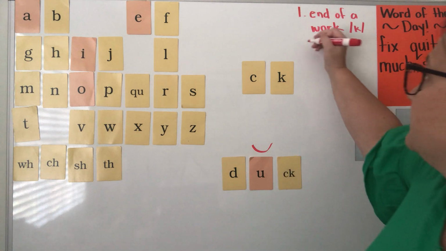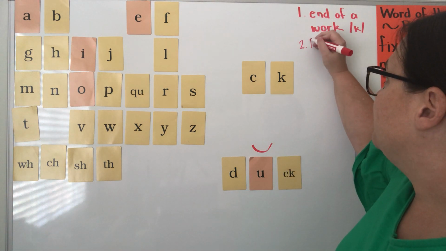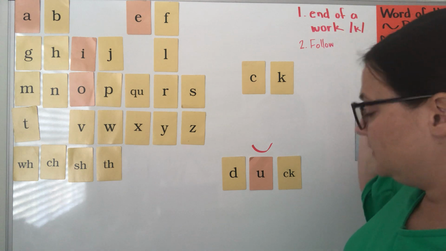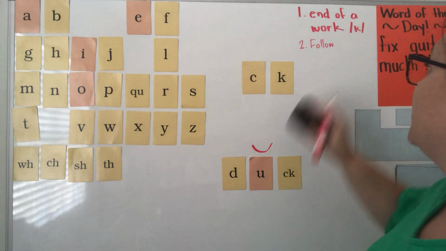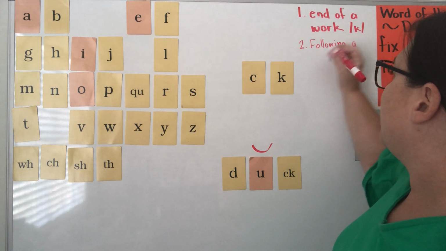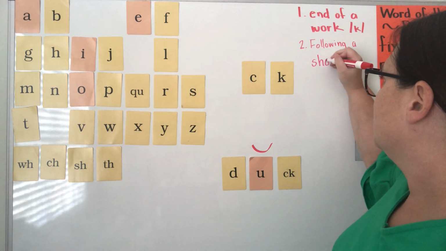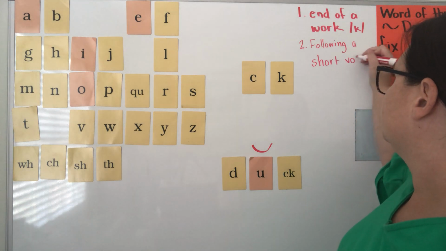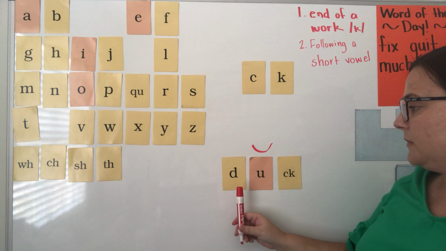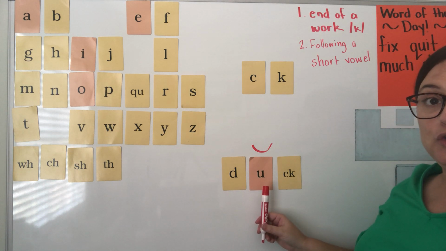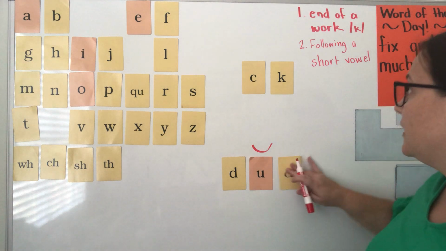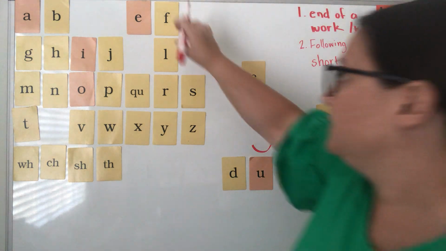Number two, it has to be following a short vowel. So if this said duke, something like duke, that would actually be this.